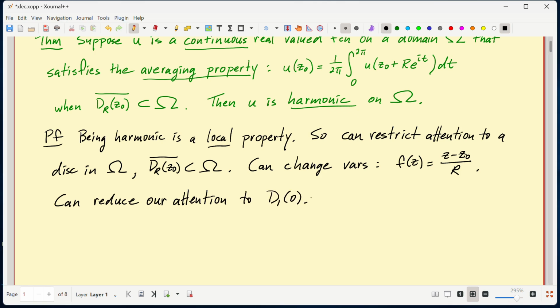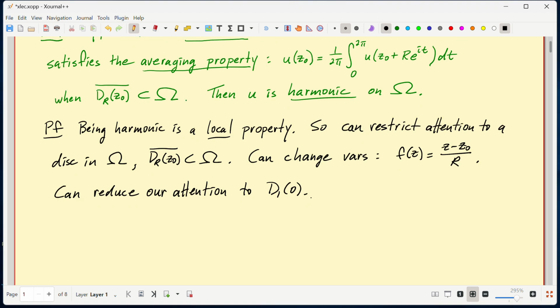So what do I have? I have a function that's continuous up to the boundary, the unit circle, and satisfies the averaging property inside. And the classic trick is, if you want to show something's harmonic, you take the Poisson integral of its boundary values. Let u twiddle of z be the Poisson integral of the boundary values of u.